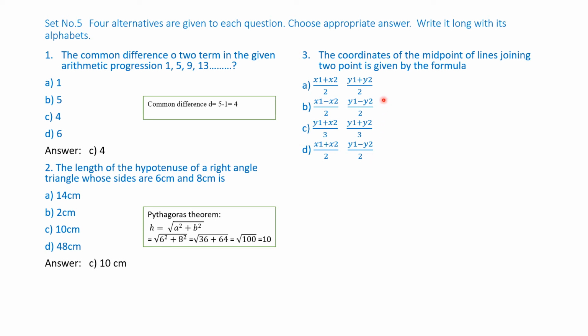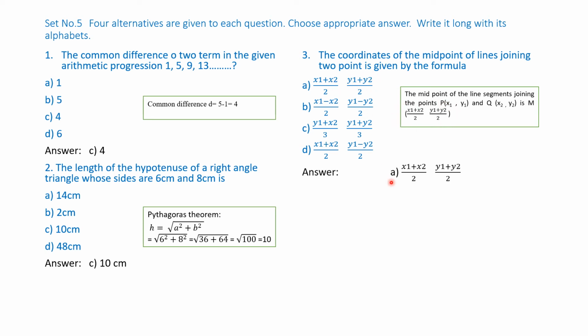Please observe all these options very carefully. Let us solve it. The midpoint formula is M equal to x1 plus x2 divided by 2 and y1 plus y2 divided by 2. This is under option A. Option A is the answer.